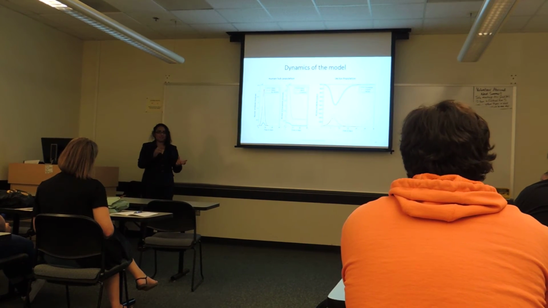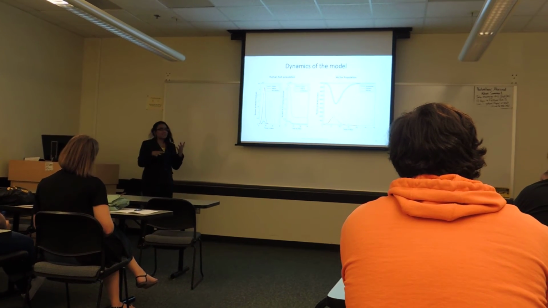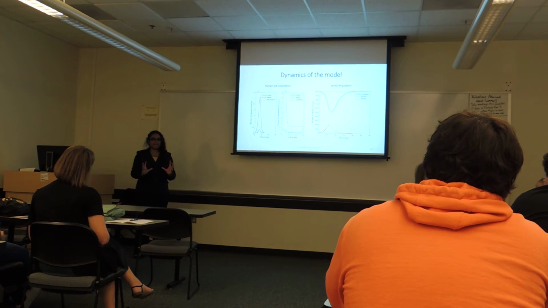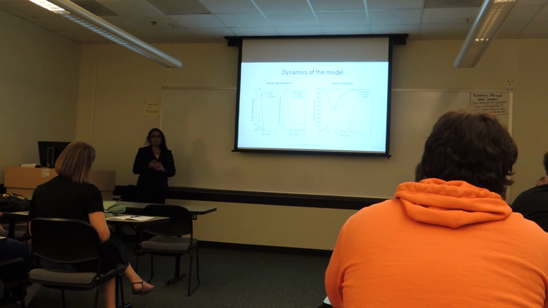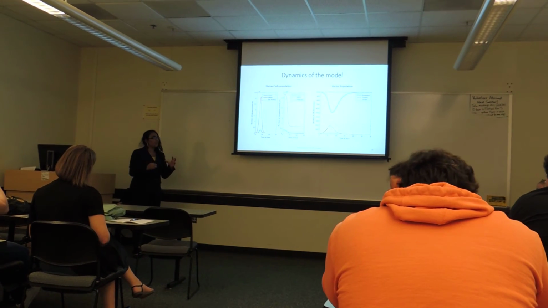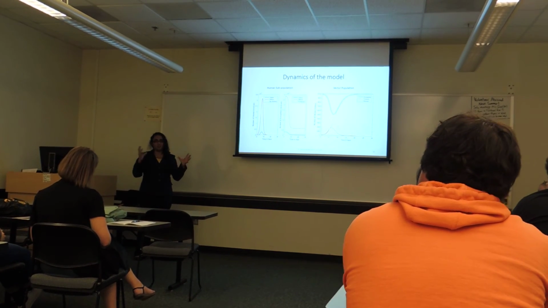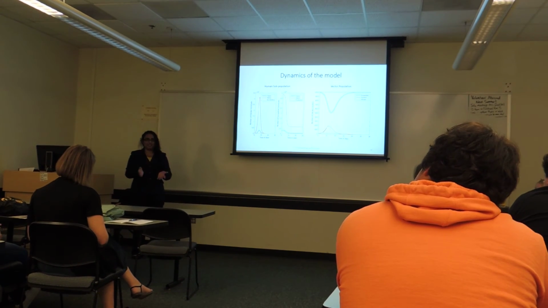That number was the number that we were using for our visitor number. And then we used a similar number for the natives of Rio because we wanted to make sure that it made sense for both vector and sexual transmission. So we were able to get to a point where we can model and simulate what was happening during the Olympics, but not exactly because we didn't have all the data.